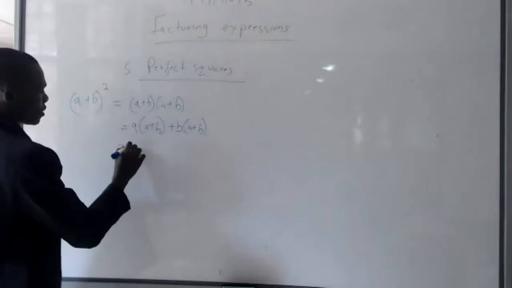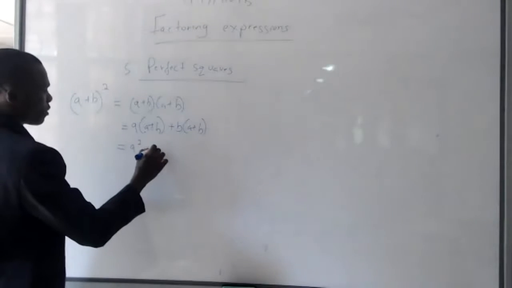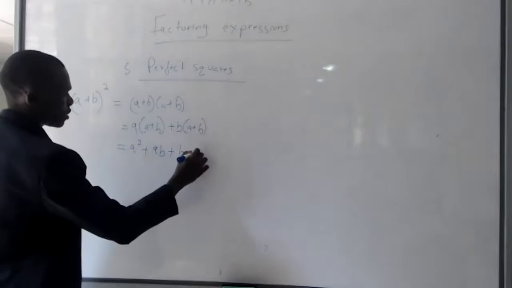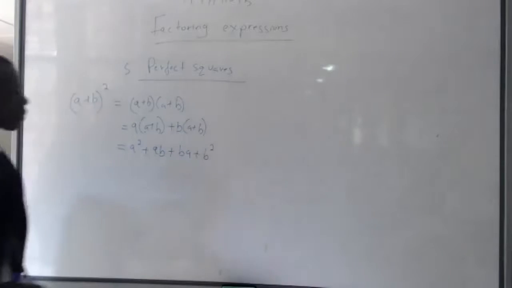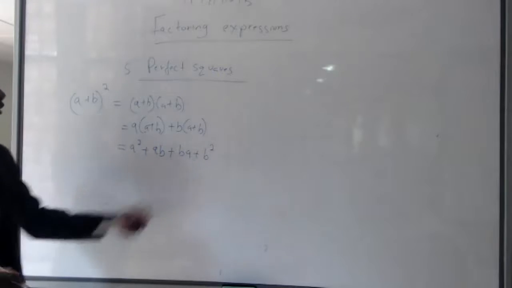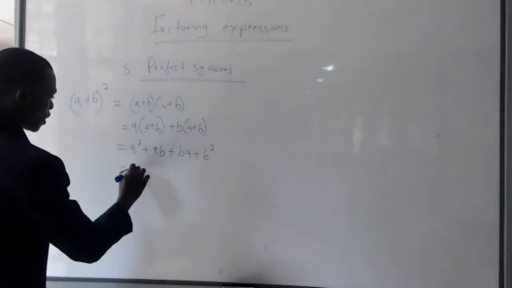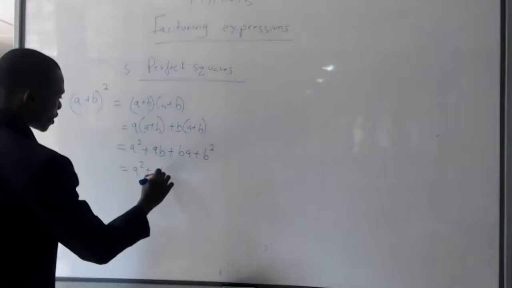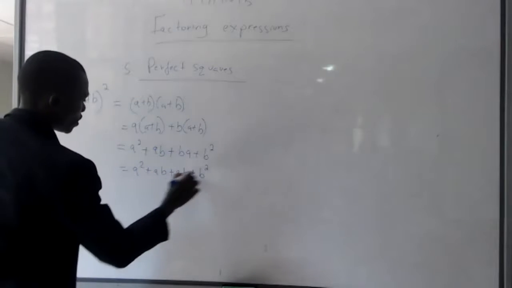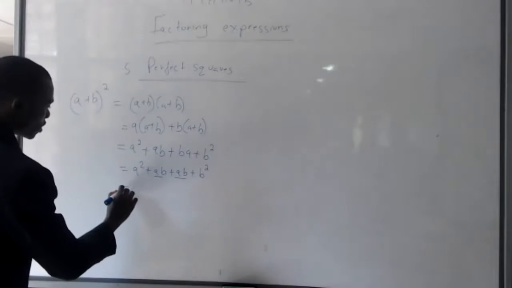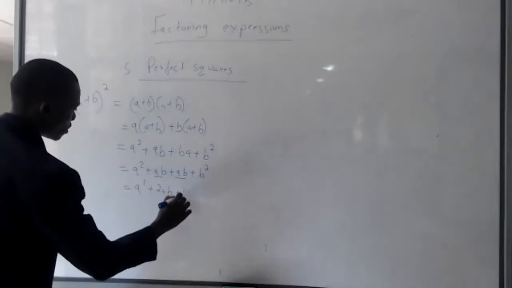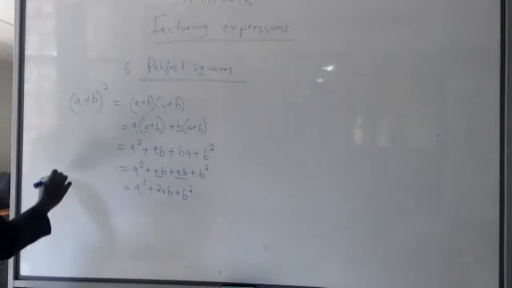So a times a is a squared, a times b is ab, b times a is ba, b times b is b squared. But remember, multiplication is commutative, so ab is the same as ba. So this is a squared plus ab plus ab plus b squared. So this gives you a squared plus 2ab plus b squared.